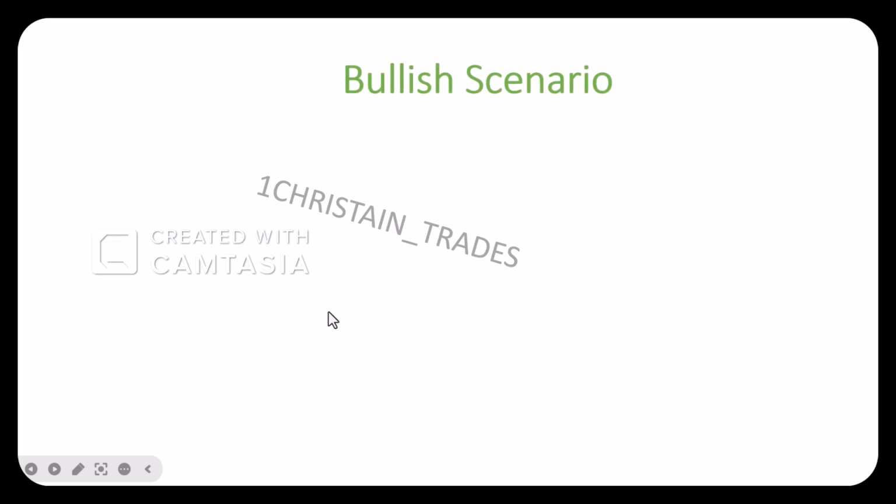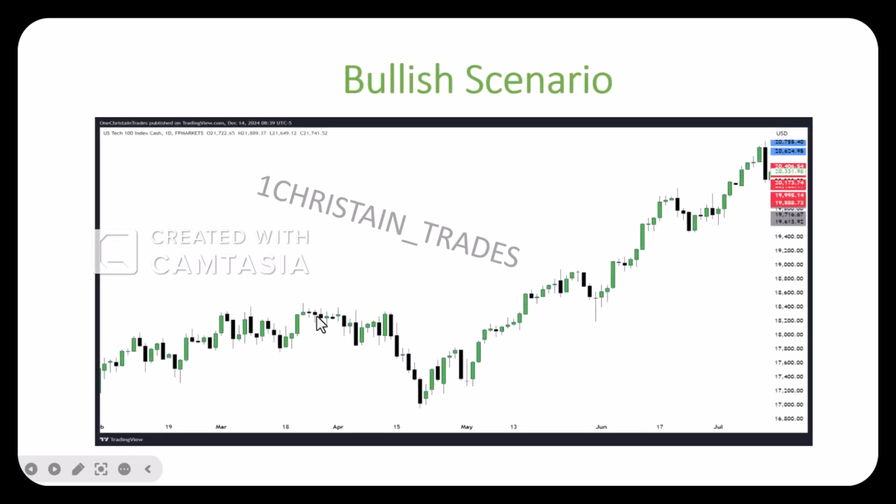So let's look at a bullish scenario, that is, in a buy program. Looking from this low right here, where is the first imbalance? Right here. For a BC to be formed, which is a buy side imbalance, sell side inefficiency, we need 3 candles. 1, 2, 3.